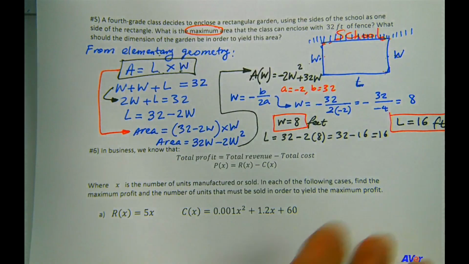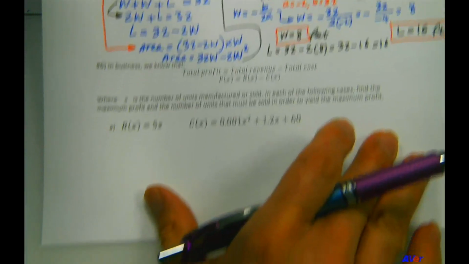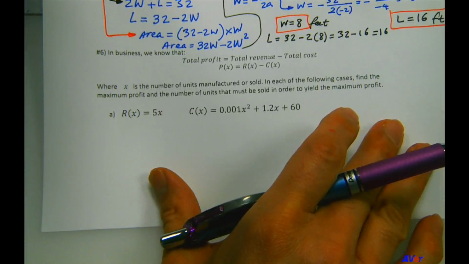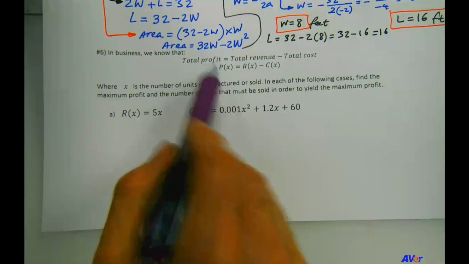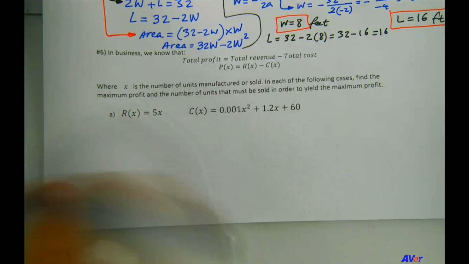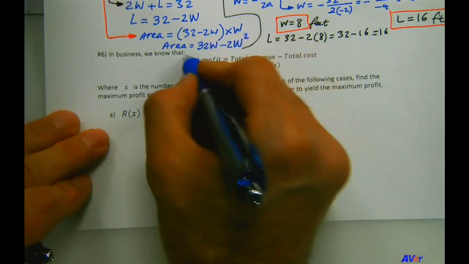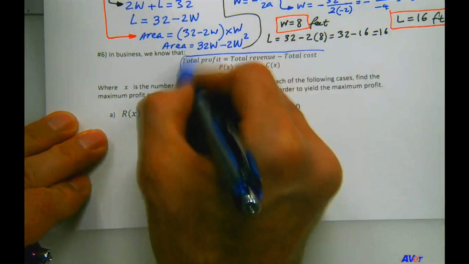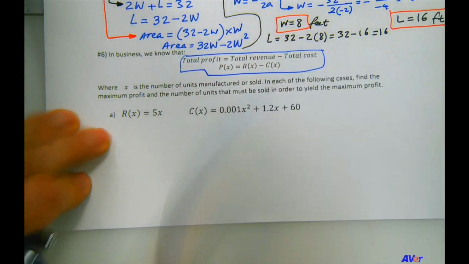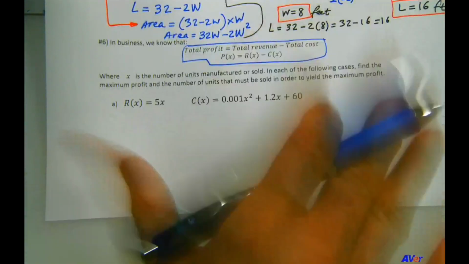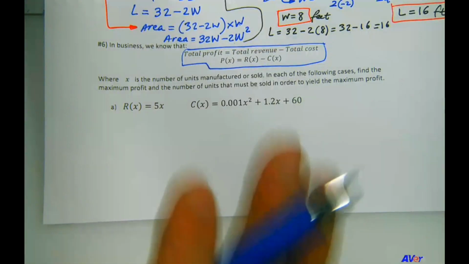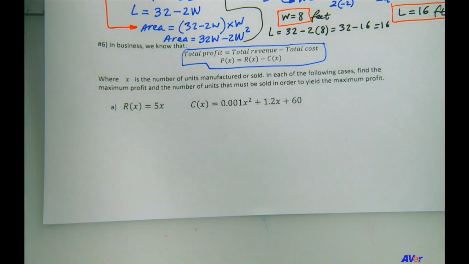Okay. All right. So number 6, it says in business we know that this formula is now the formula we need to use for this business context. So please pause the video, solve this problem on your own, and then come back to the video after that.